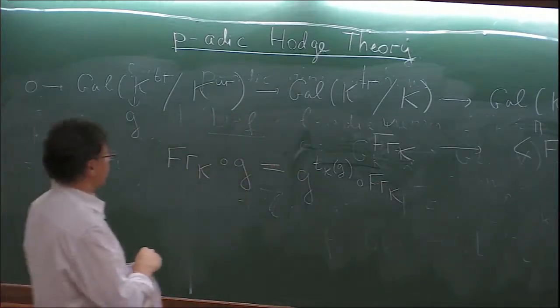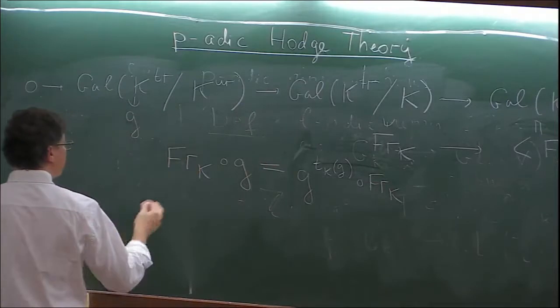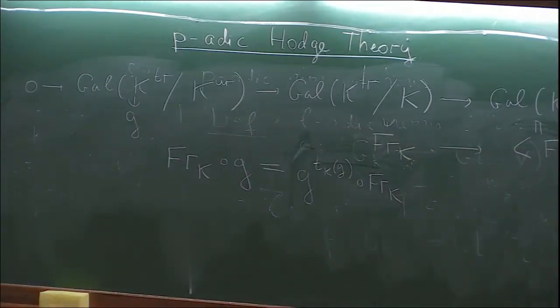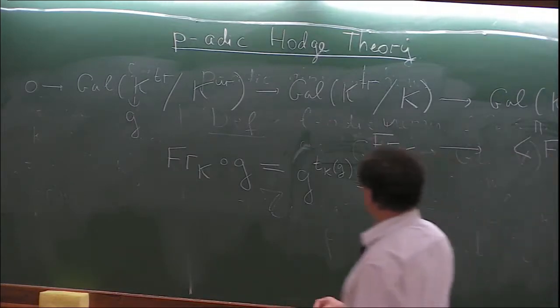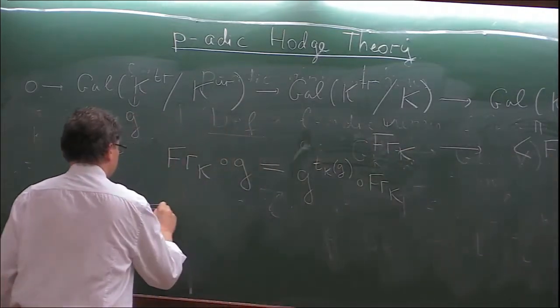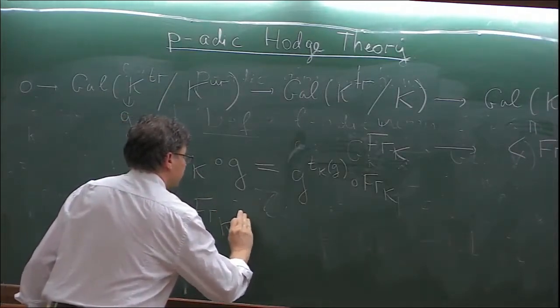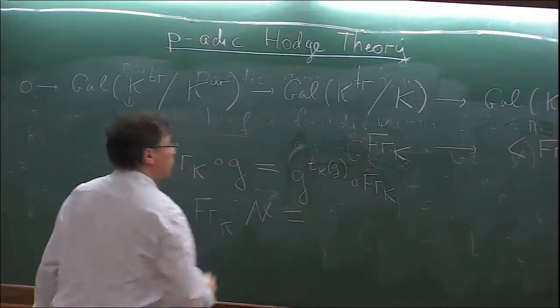And if we define the operator N by this formula, so we have the following relation between Frobenius and the monodromy.